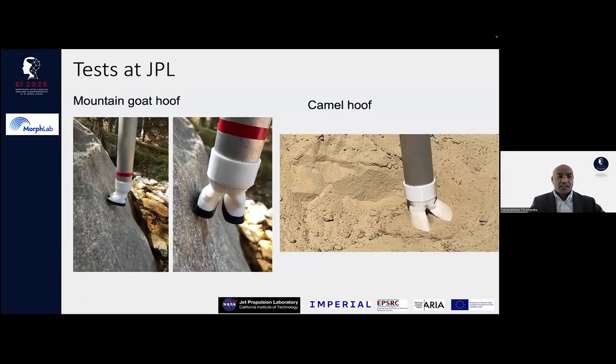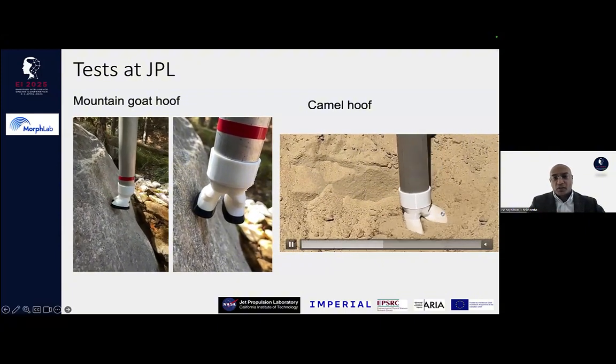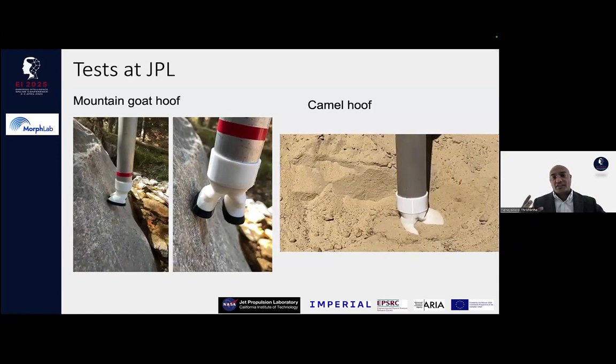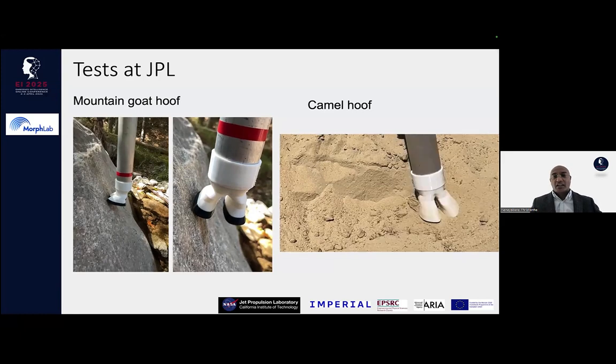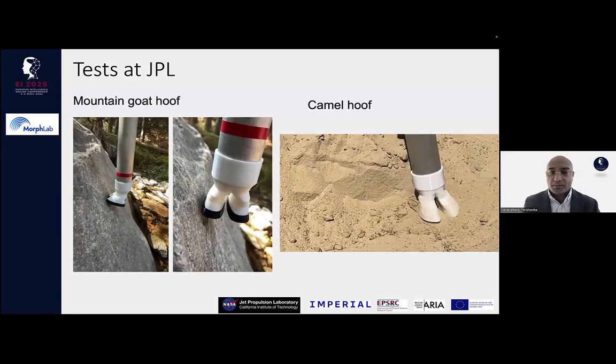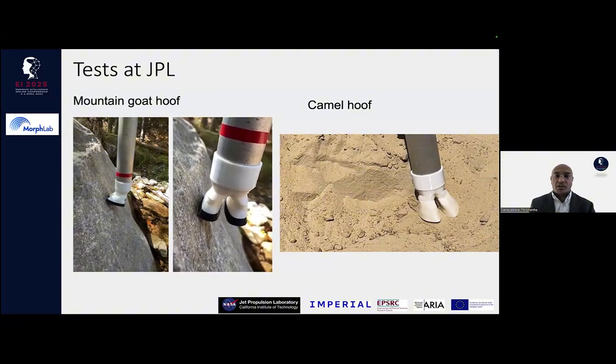It slips, but it catches again. So this is another, camel hoof inspired hoof. Anti-sinking behavior: if it sinks on sand, it has this autonomous behavior that stops it from sinking. We wanted to understand why camels can be efficient walkers on sand.